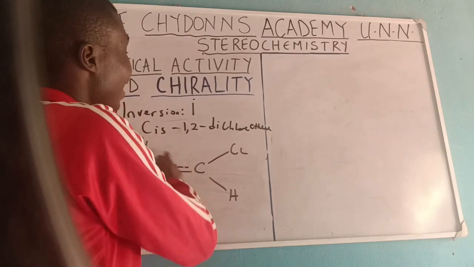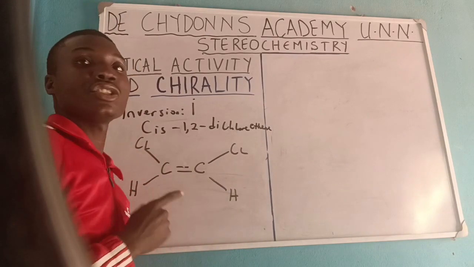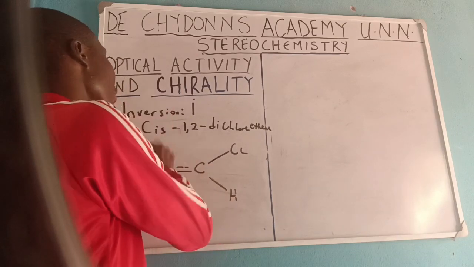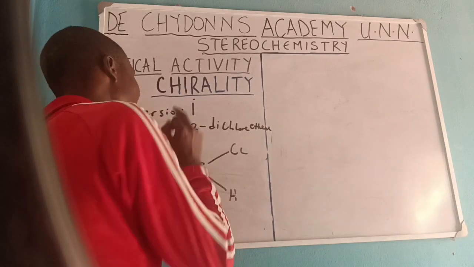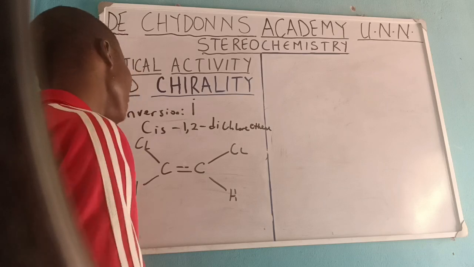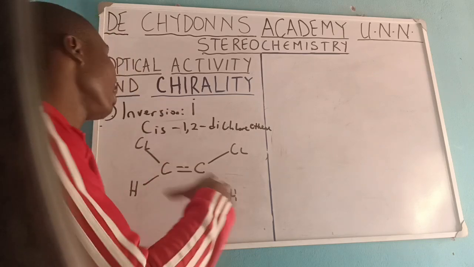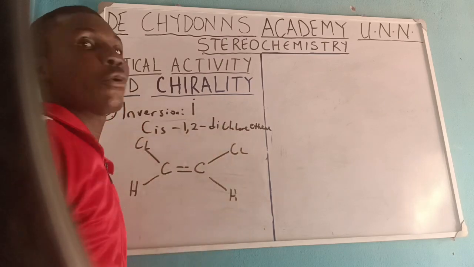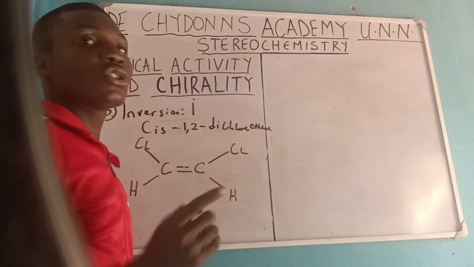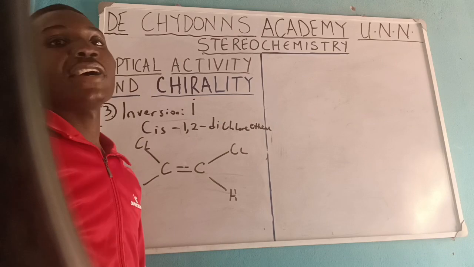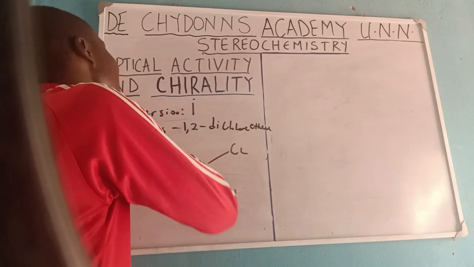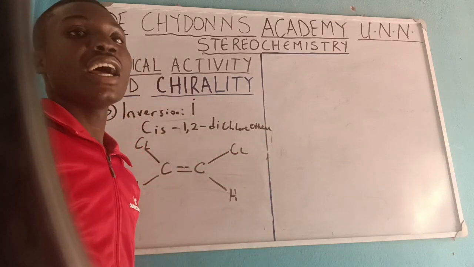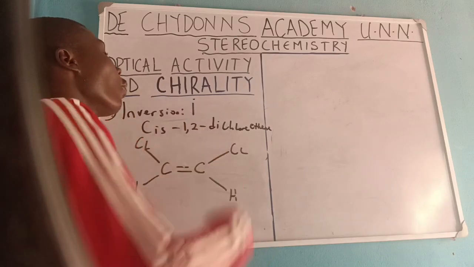If you move chlorine directly opposite itself, it will be on hydrogen. Hydrogen is not the same as chlorine. So the implication is that here it cannot be referred to as an inversion point or a center of inversion. Now, if you move hydrogen from this point to this side, hydrogen is not chlorine and chlorine is not hydrogen. So the implication is that here cannot be referred to as an inversion center for cis-1,2-dichloroethane. How about if I'm now working with trans-1,2-dichloroethane?